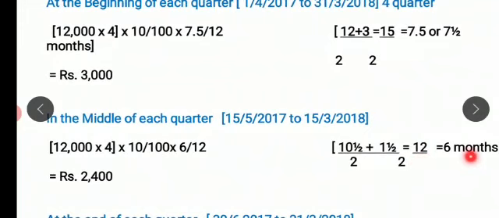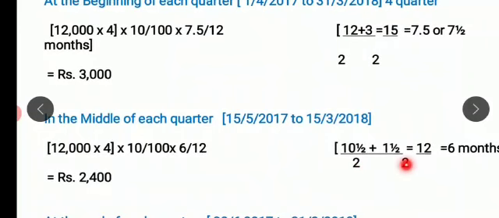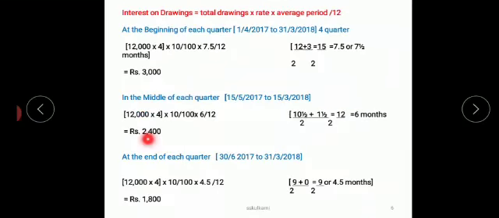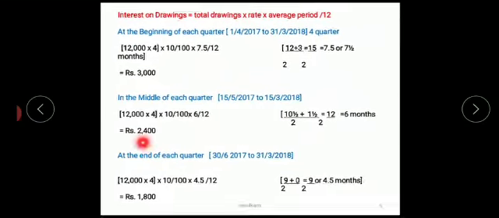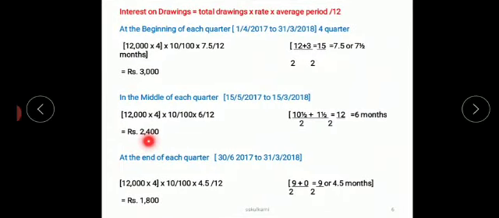So 10 and a half plus 1 and a half divided by 2 gives me 12 upon 2. If I simplify, I'll get 6 months. So now 2,400 will be my interest on drawings.